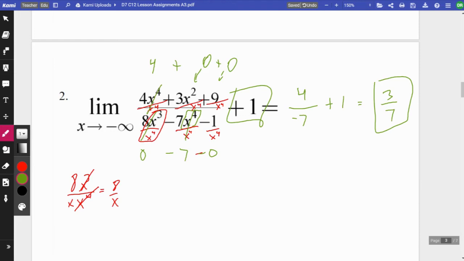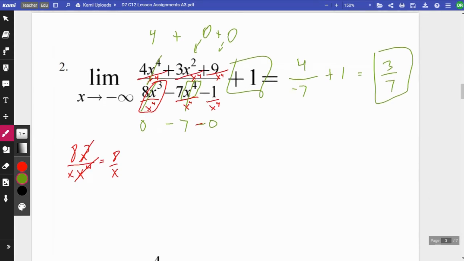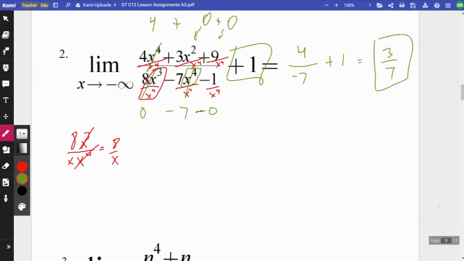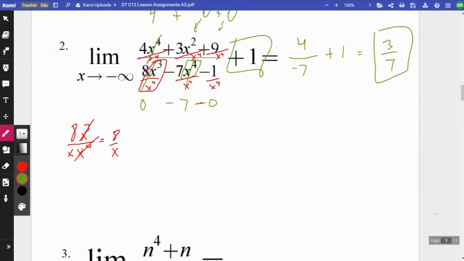But if we're just dividing everything by the variable on the bottom that has the largest exponent, in this case x to the 4th, everything just falls away. We see which things are going to converge to 0, or would have a limit of 0, and then we can focus only on what's important.